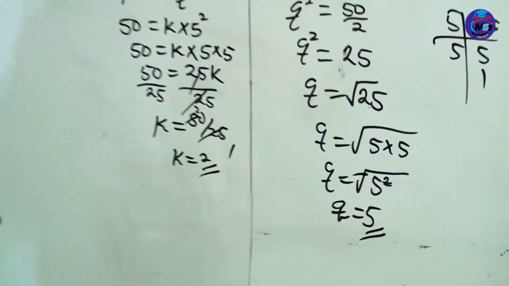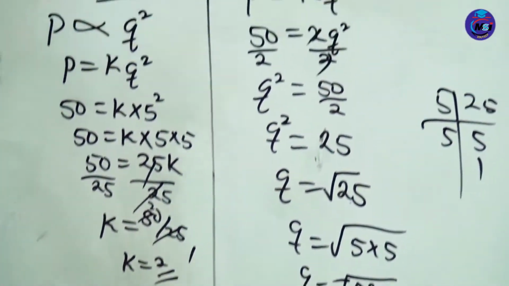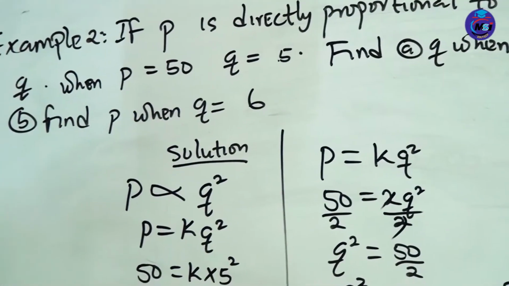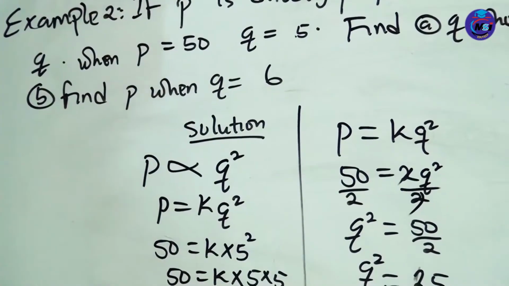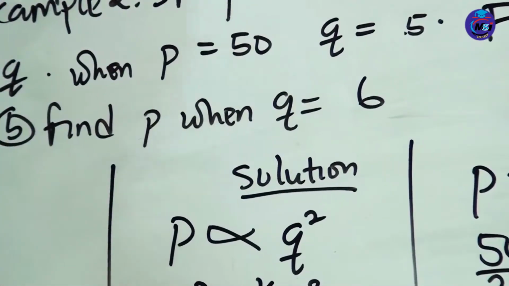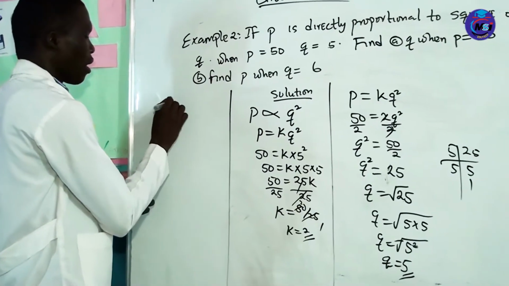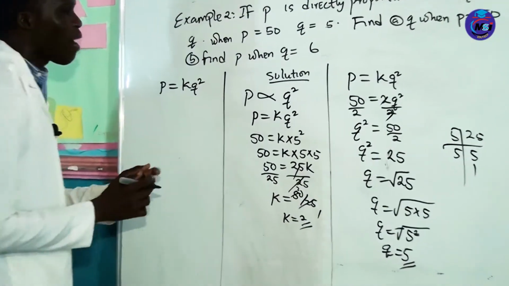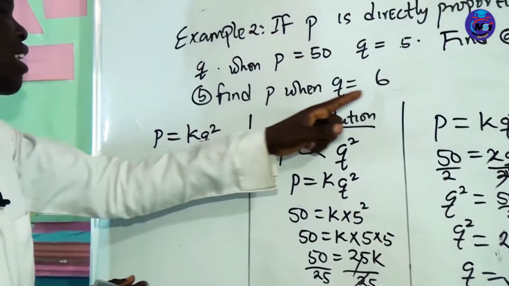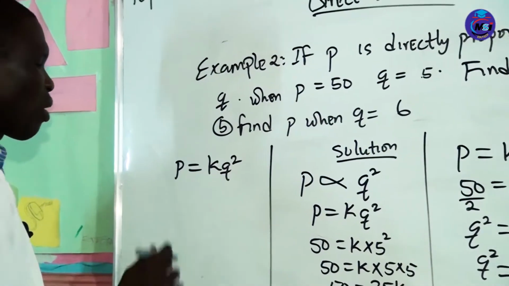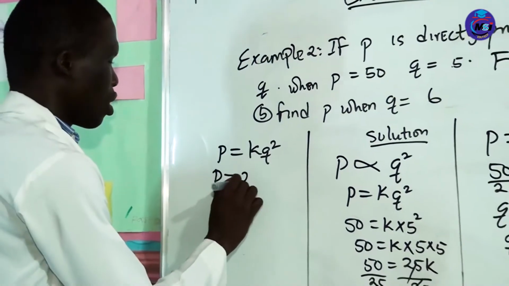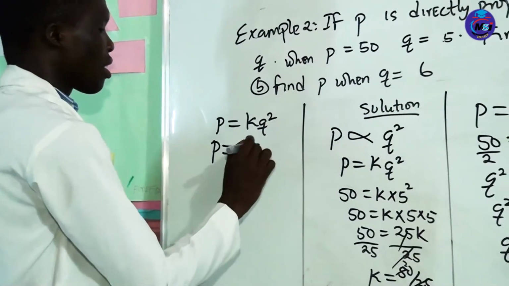Now let's go to the last part. Find P when Q equals 6. P equals K Q squared. We are finding P when Q equals 6. K is 2 and Q is 6.